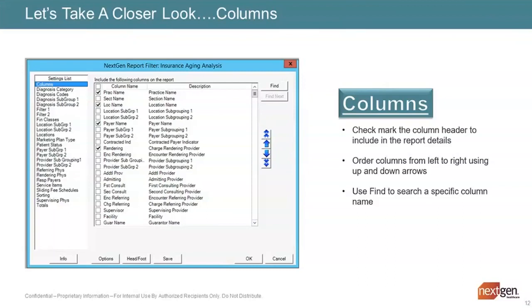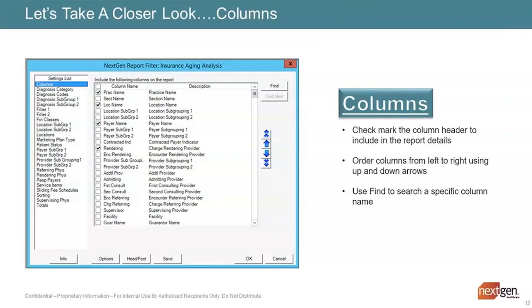Now, if you would like to have practice name, rendering, payer name, and location name in that order left to right, you could click on rendering and click on the single blue arrow and move it up to the position you would want it to be in, so that it will be in the position you want from left to right on your report.